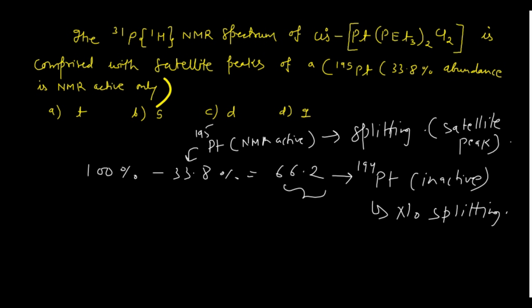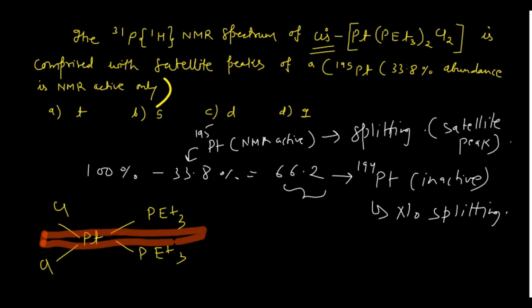So what you can do is draw the structure of this one. Say platinum in the center, and the structure is cis, okay, and it is a square planar type of complex. You can write PEt3 here and PEt3 here, then you can put chlorine here and chlorine here, and then you see this is the plane of symmetry.